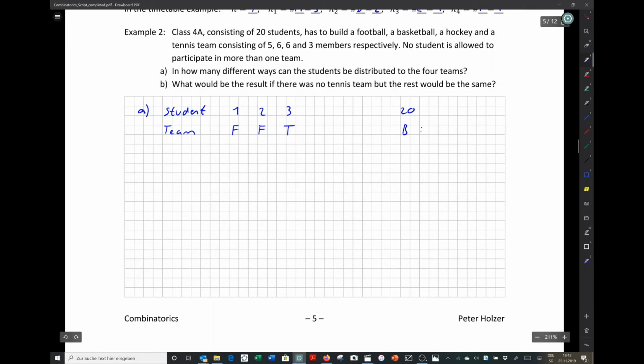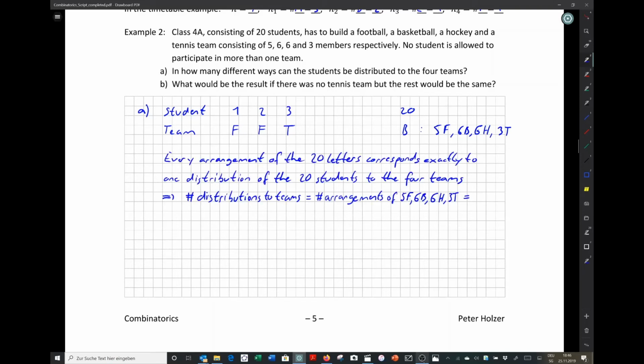We will have here 5 times F, 6 times B, 6 times H for hockey, and 3 times T for tennis. Every arrangement of these 20 letters corresponds exactly to one distribution of the 20 students to the 4 teams. So the number of distributions to the teams is equal to the number of arrangements of the 5 F, 6 B, 6 H, and 3 T.